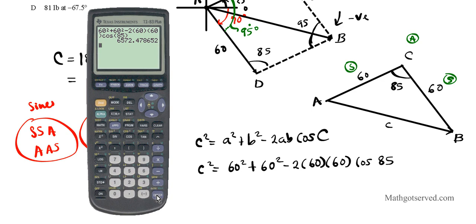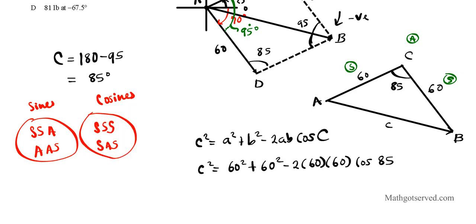Okay, and the answer is 6572.48. So that's the value of c squared. So c squared equals 6572.48, which was approximately equal to that.